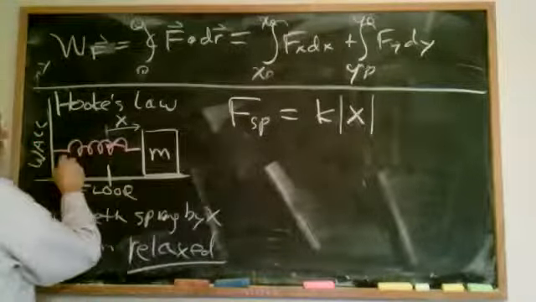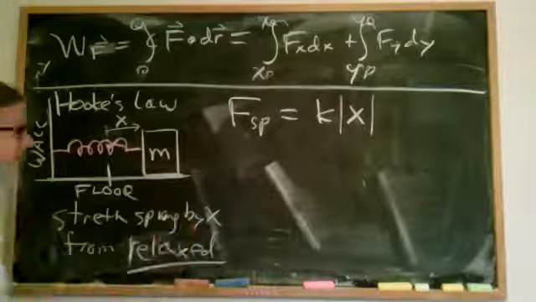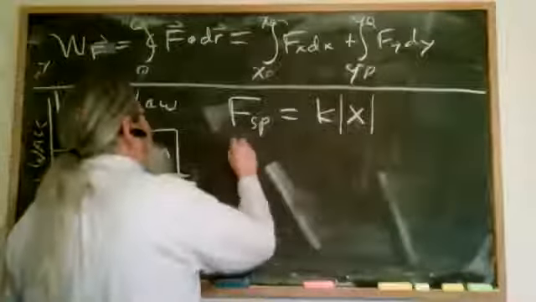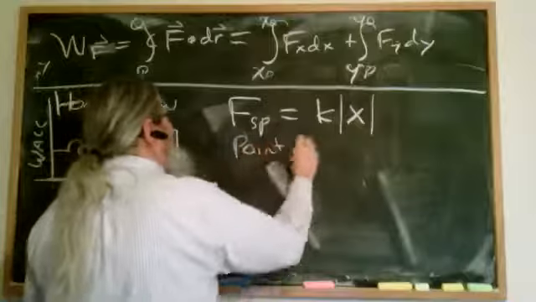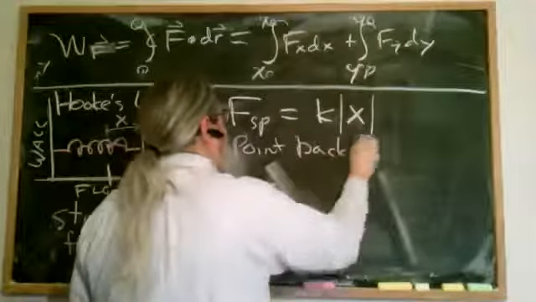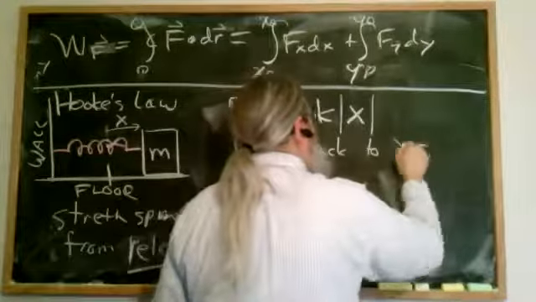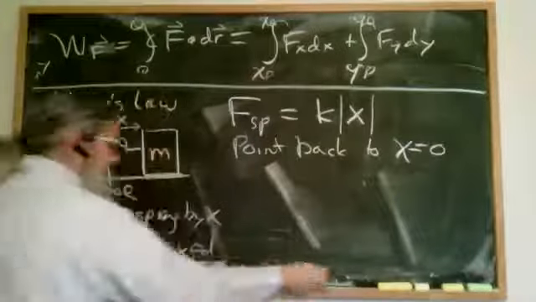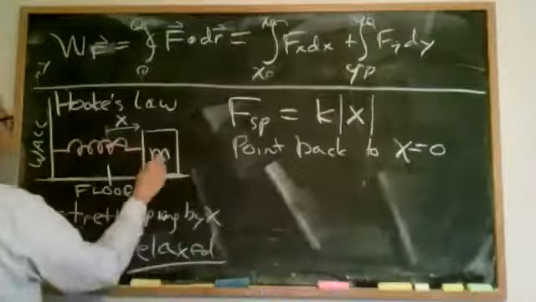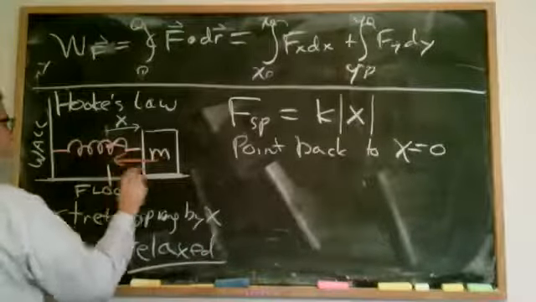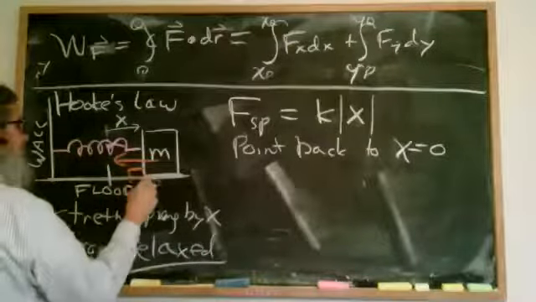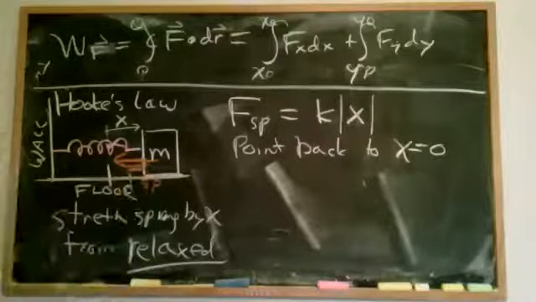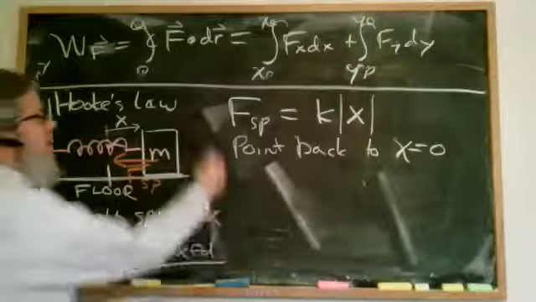If I compress the spring, I also get the force. And the only rule is that it points back to x equals 0. So the force that results from stretching a spring in this direction applies in the negative direction, and I'll call that F of spring. Okay? So I have an expression for the force.